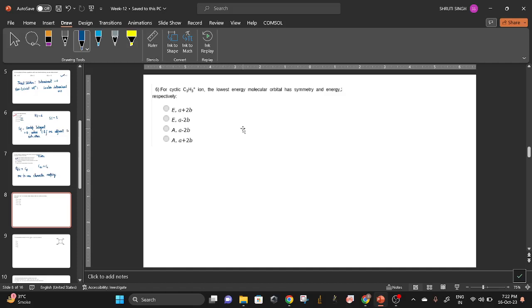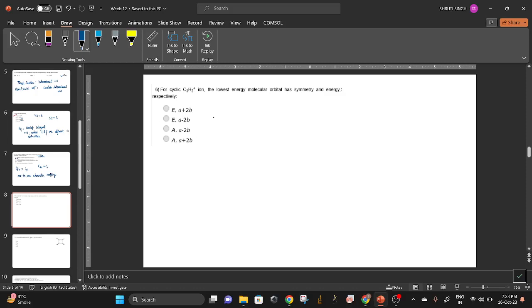Yes, the symmetry was A, but we didn't calculate the exact energy in terms of alpha and beta. So let's first calculate the energy and then we can derive the symmetry again.